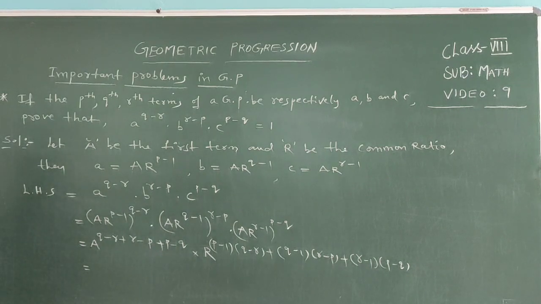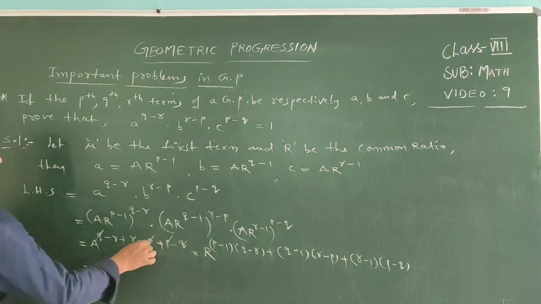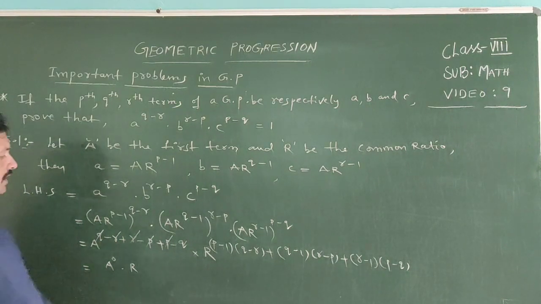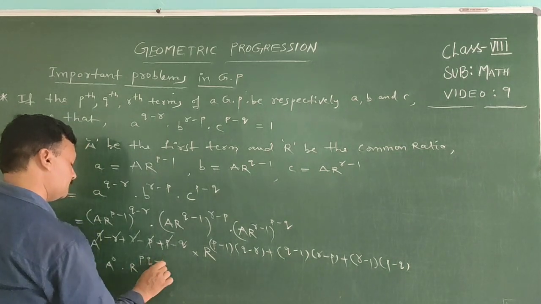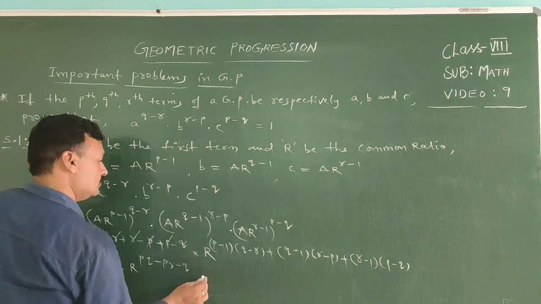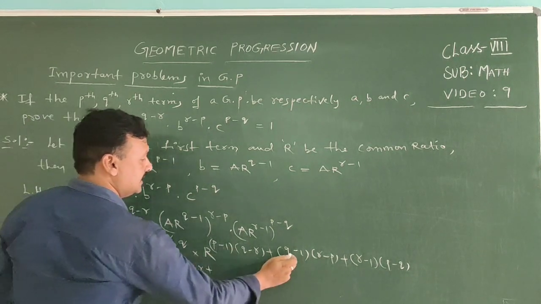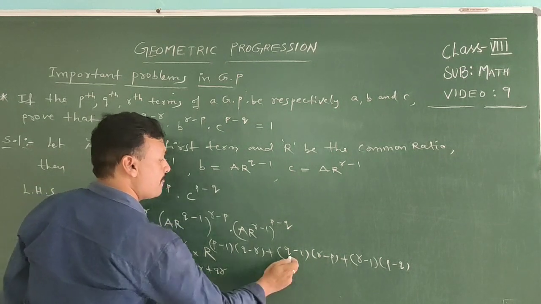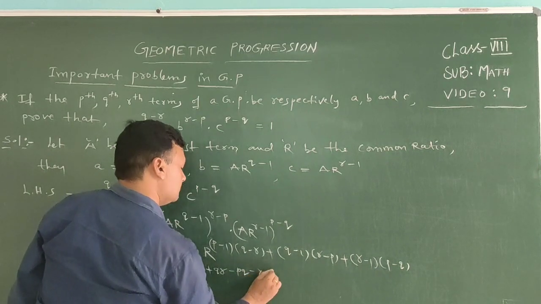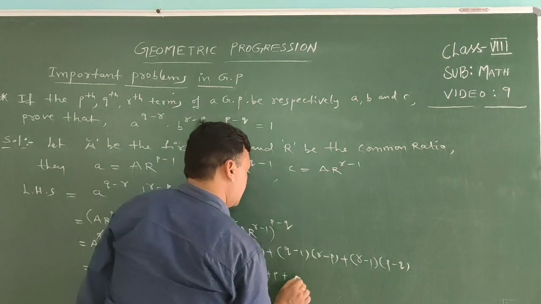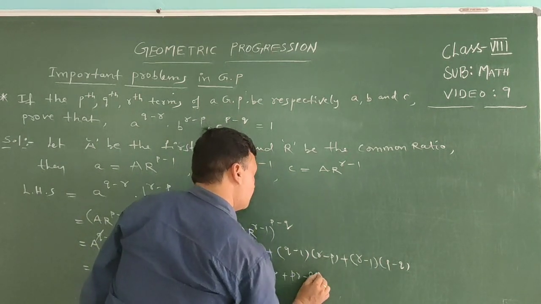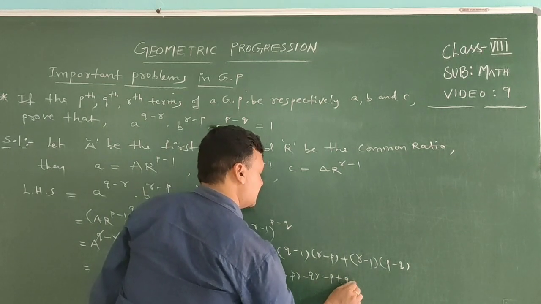Next, here q minus q, p minus p, r can cancel, a power 0 into r power p cube minus pr minus q plus r plus qr minus p cube minus r plus p plus pr minus qr minus p plus q.